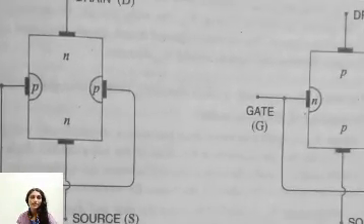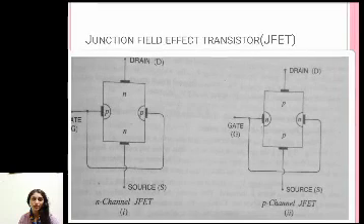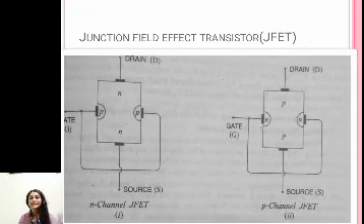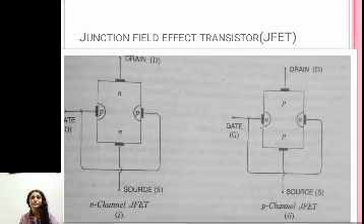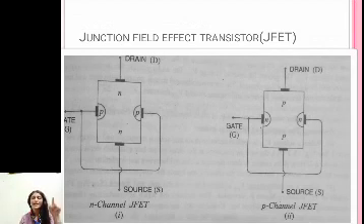When we talk about the construction of a JFET, it is either an N channel JFET or a P channel JFET. If you look at the N channel JFET, the rectangular portion which you are able to see here is an N type silicon bar. Basically we take an N type silicon bar, and on either side of it P junctions are made.